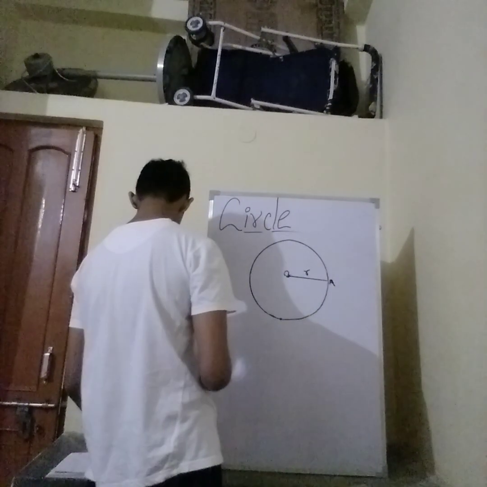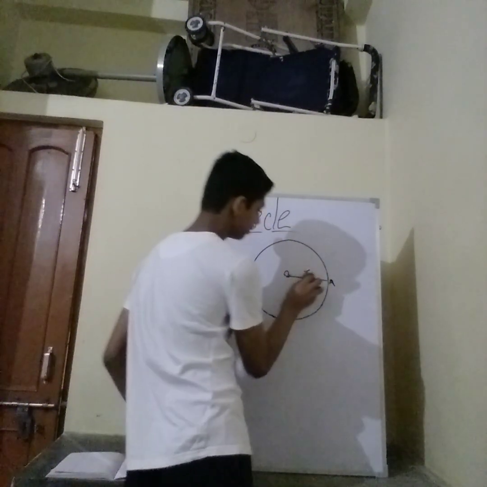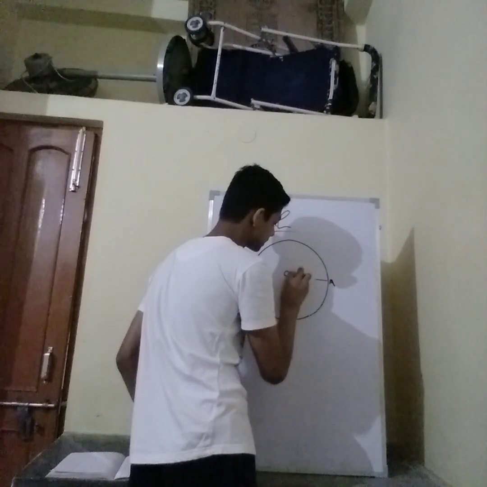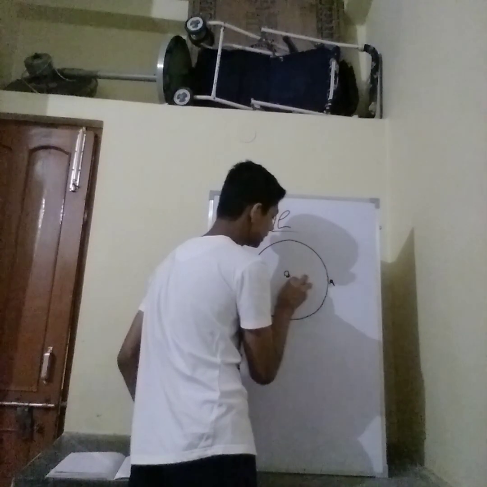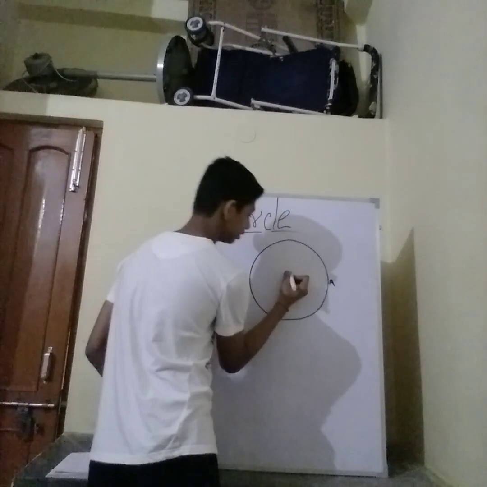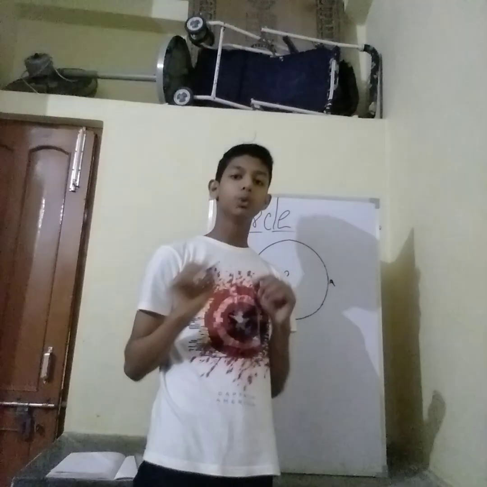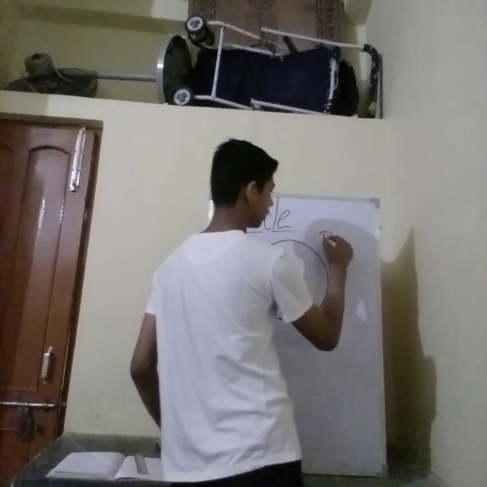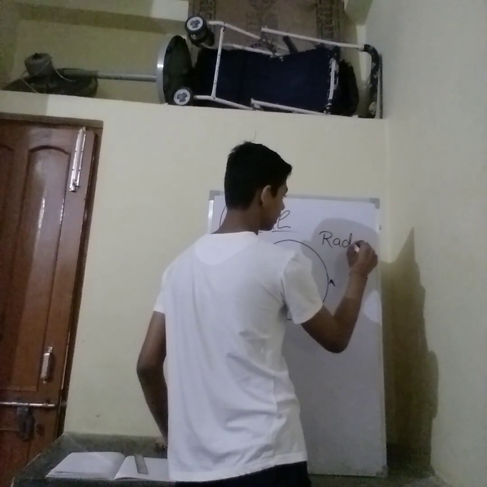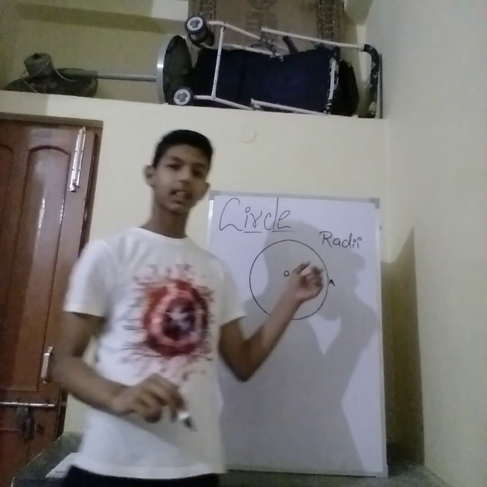Now we will discuss concentric circles. Concentric circles are circles which have the same center but different radii. First of all, I will tell you the plural of radius. Plural of radius is radii.